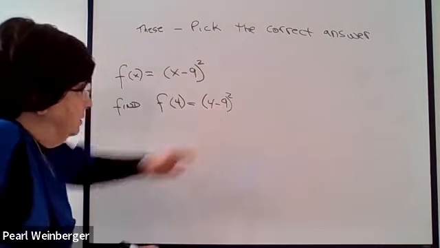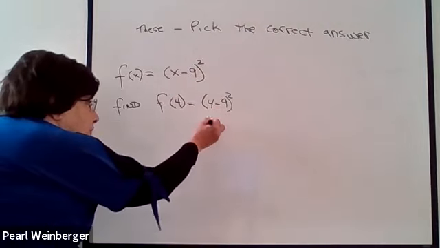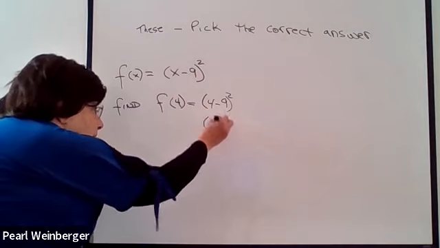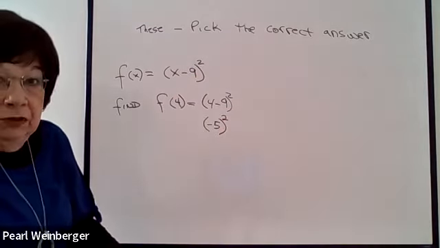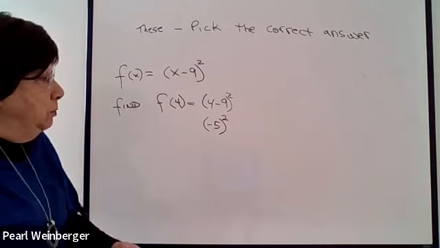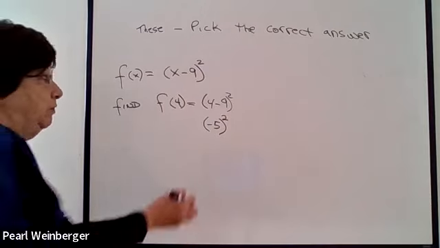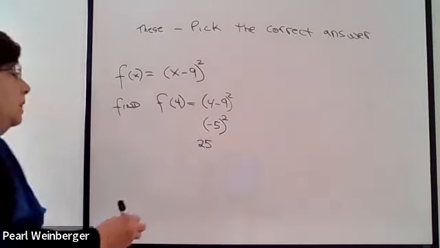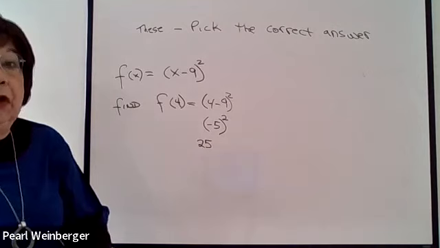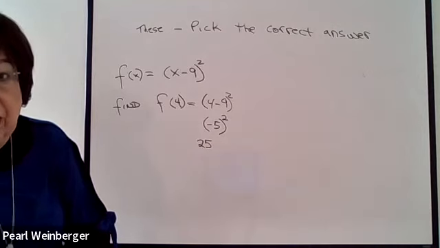So 4 minus 9 will give you -5. And there's a square on the outside, which means multiply it by itself. So do -5 times -5, which gives you +25. And your answer would have been 25.